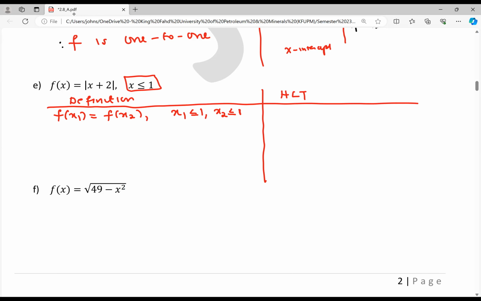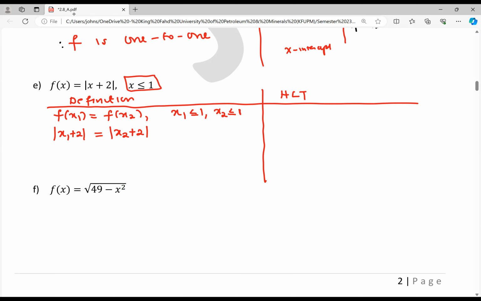So what is f of x1? f of x1 will be the absolute value of x1 plus 2, equal to the absolute value of x2 plus what? Plus 2. Now, we know how to deal with absolute values, right? So what can we say? If x1 is less than 1, what is this point here?